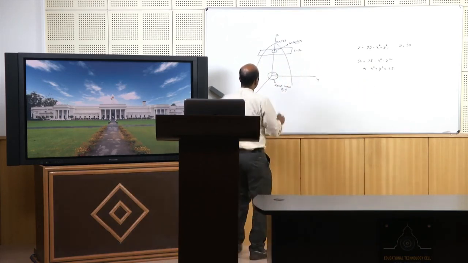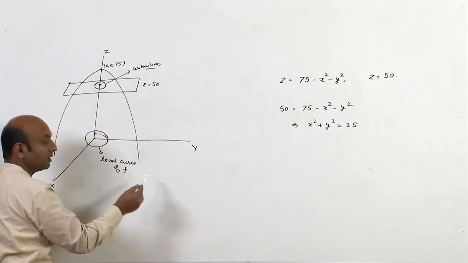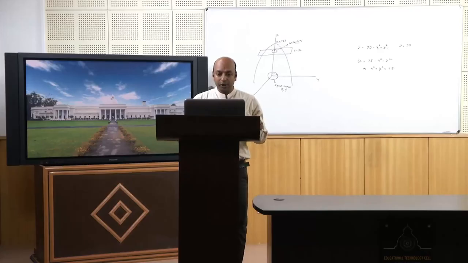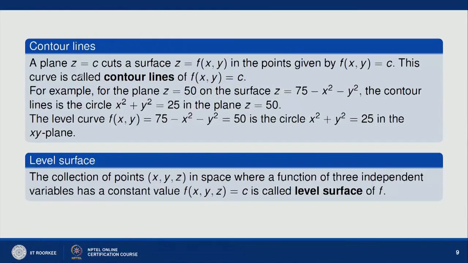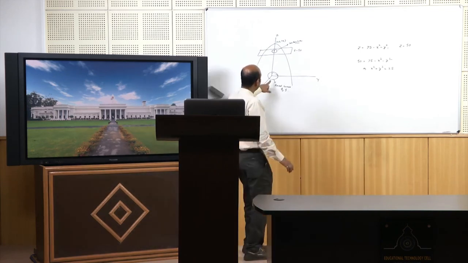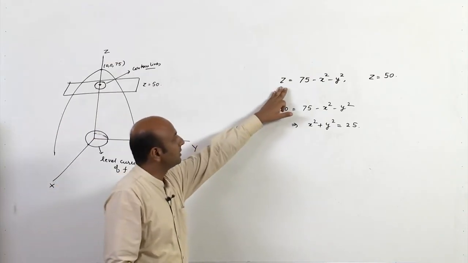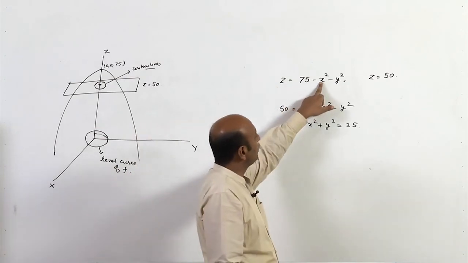That contour line, that curve on the xy plane, is called a level curve. Here I have said the same thing: a plane z equal to c intersects the surface in the points given by f x y equal to c. This curve is called the contour line of f x y equal to c. Here it is a level curve because we have a curve and only two independent variables.